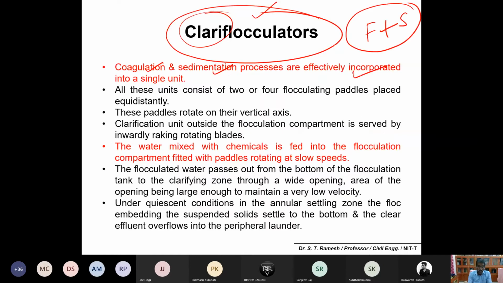Okay, so all these units consist of 2 or 4 flocculating paddles placed equidistantly, and these paddles rotate on their vertical axis, and the clarification unit outside the flocculation compartment is served by inwardly raking, rotating blades. The water mixed with chemical is fed into the flocculation compartment fitted with paddles rotating at slow speeds.